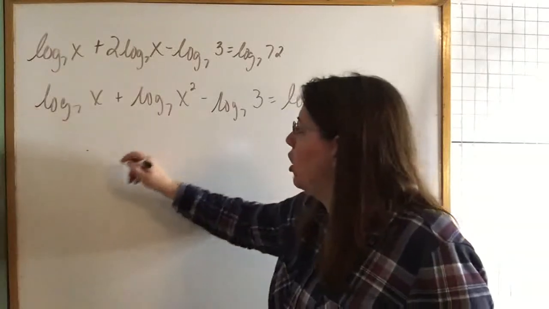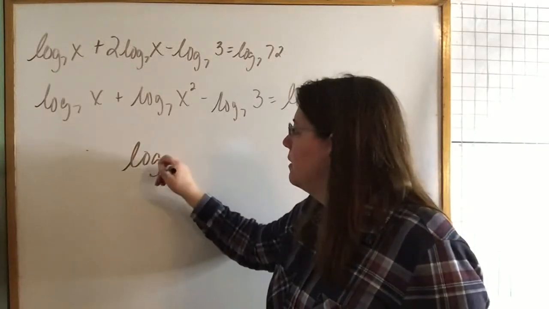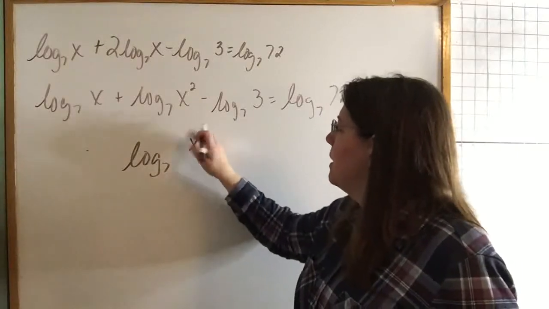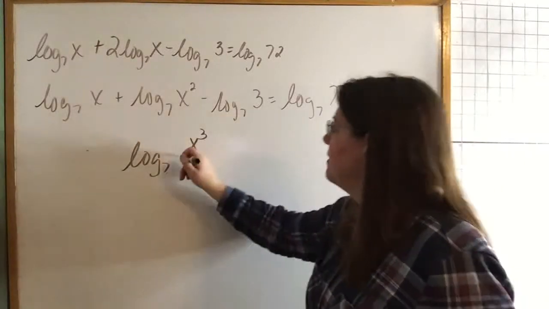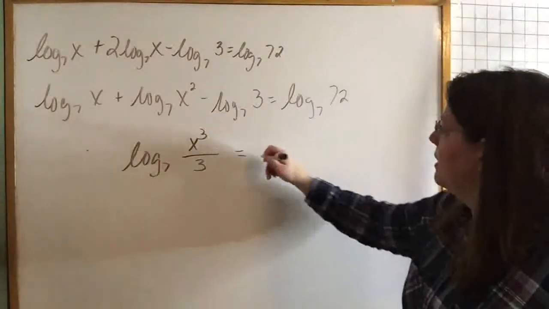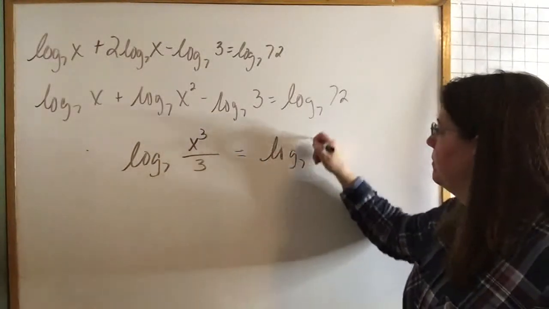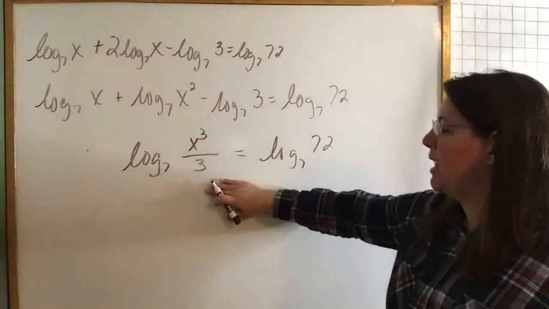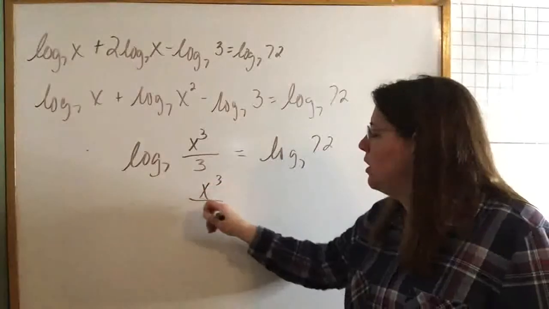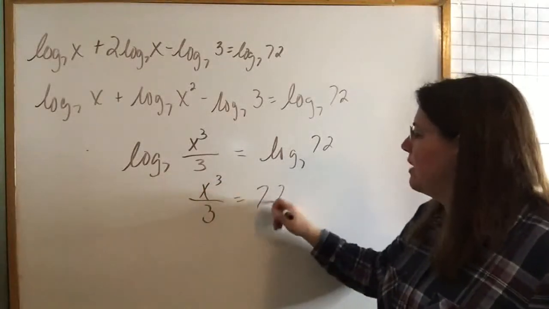Now I can put these together. These two would be log base 7 of x times x squared, which is x cubed, minus log base 7 of 3 means that goes over 3, and then this would be log base 7 of 72. And now that I have log base 7 on each side, I can get rid of that. So x cubed over 3 equals 72.